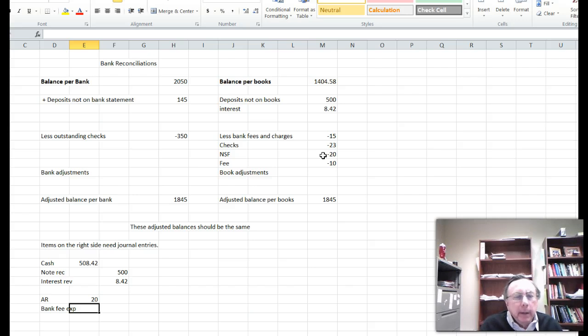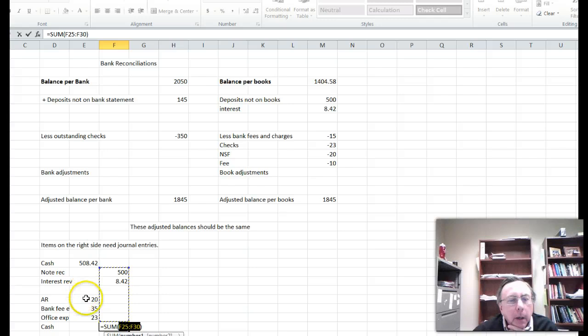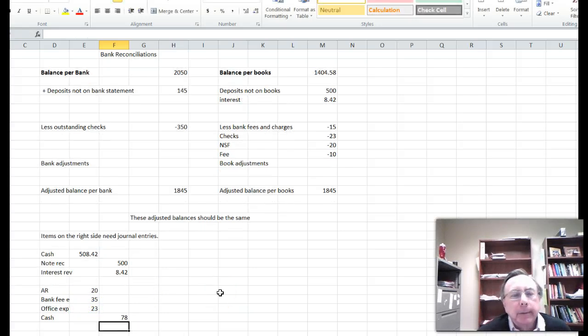Looks like $35. And then we got some office supply expense for printing checks. How much is that? $23. Okay. And we're going to credit cash for those items, which looks like $78. Okay, so we're done. These two sides balance. We made our journal entries. We are done.